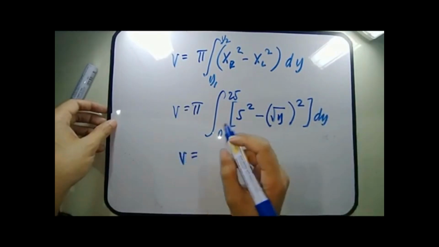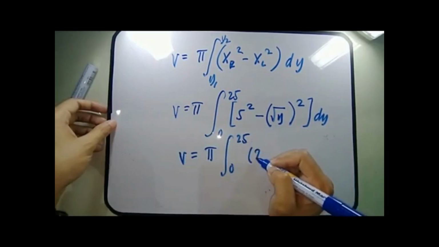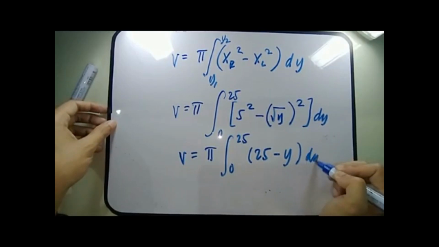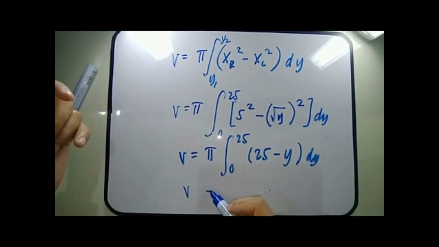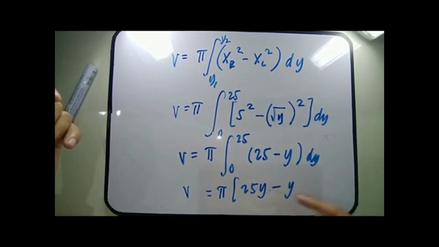So, volume will be pi, from 0 to 25, you have here 25 minus y, differential of y. So, integrate natin, we have here v equals pi, 25y minus y squared all over 2, from 0 to 25.